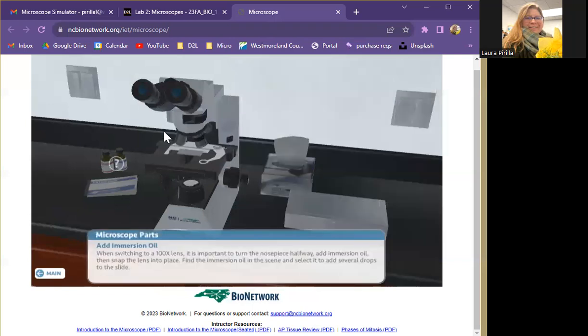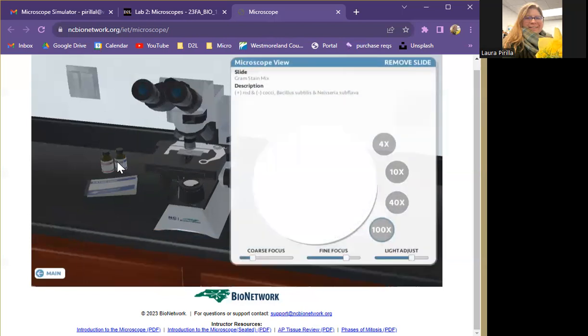All right, so now we've got our oil immersion lens, so we need our oil. All right, now we can open the condenser and get way more light here. And we can adjust the fine focus until this little dot here looks nice and crisp.